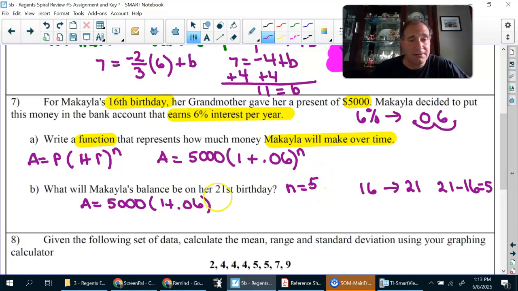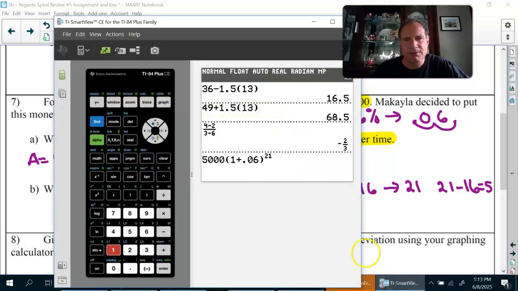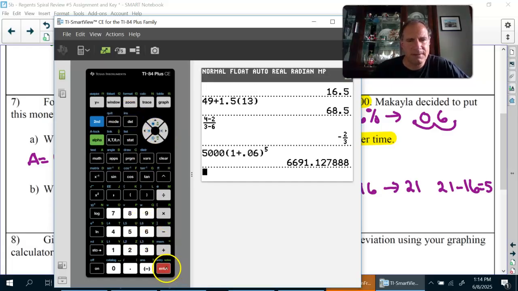These are the mistakes that you can make. I just realized it when I was putting it in. So I'm going to press delete there and delete one more time, and then put 5 in, and then enter. So we're talking about 5 years later.